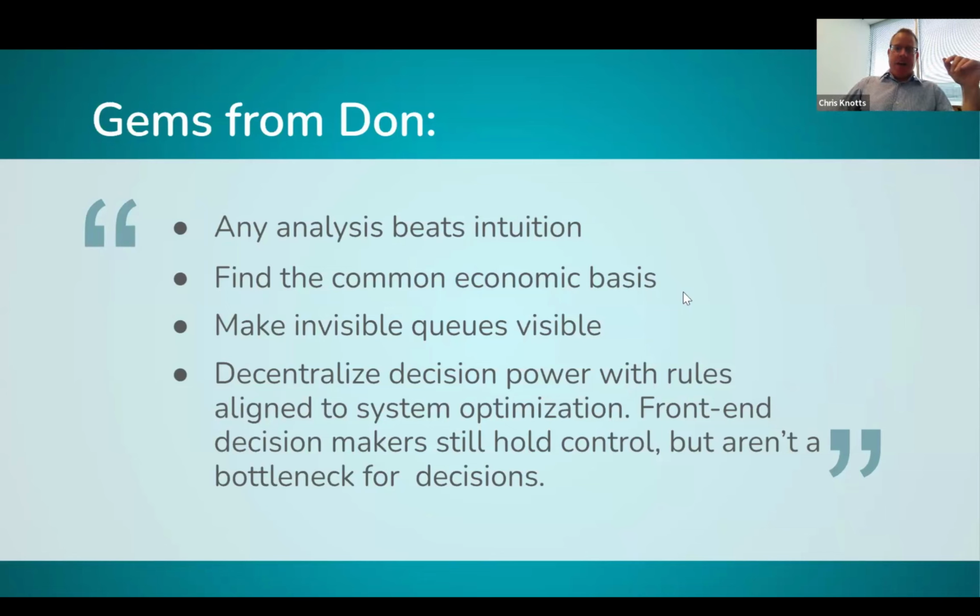Now, find a common economic basis. That's another interesting foundational idea that can apply in all kinds of situations. If you find the common denominators, just like we have a fiat currency here in the U.S., where I'm presenting from, the U.S. dollar is the common economic basis. The U.S. dollar gives everybody a common component of language, vocabulary, to do economic transactions.